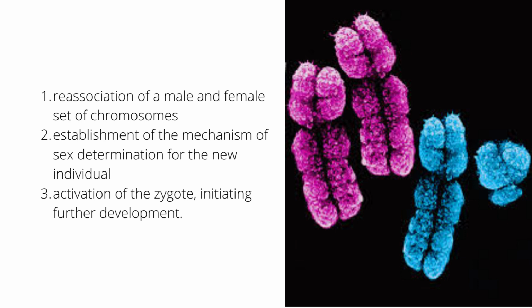Next is establishment of the mechanism of sex determination for the individual. This depends on whether the male set of chromosomes includes the X or the Y chromosome. It determines whether the offspring will be male or female. And lastly, it's the activation of the zygote, initiating further development of body parts.